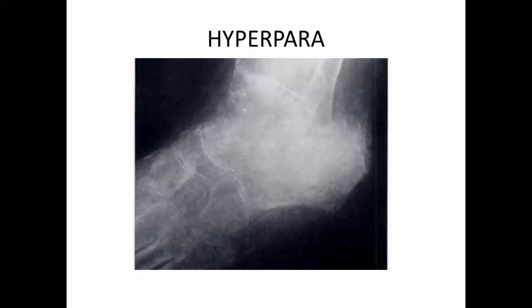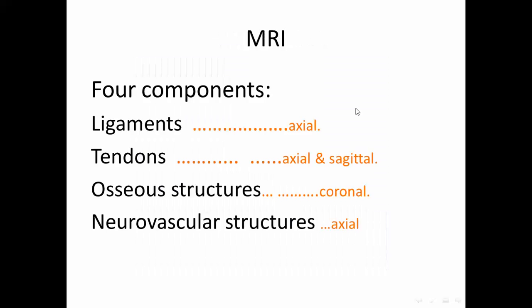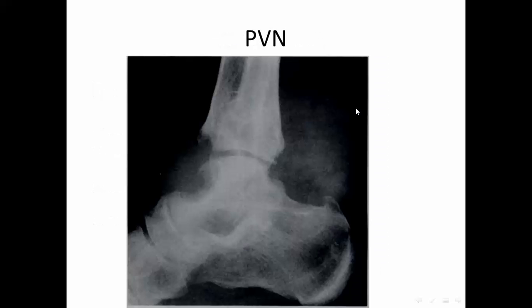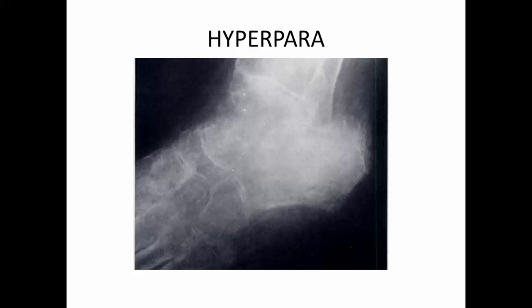In hyperparathyroidism, it is the same. You can find some increased soft tissue density, similar to the one before. But here are the famous well-defined erosions of pigmented villonodular synovitis, and here is hyperparathyroidism with the osteoporosis and neuropathic joints.